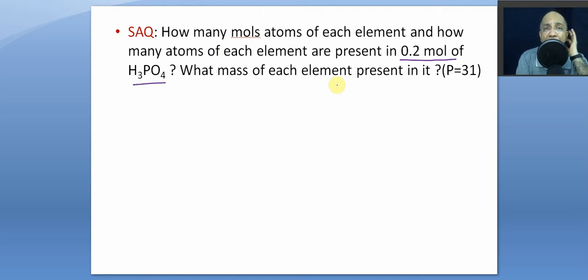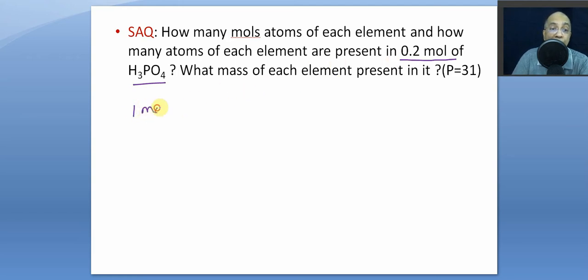Once we know the number of moles of atoms, you multiply by gram atomic mass to get the actual mass of that element. Understand? So whatever is asked, we will answer that. If you give some additional unwanted answer, there is no harm. The examiner will not bother. He will only be interested if you have answered what he has asked. Right?